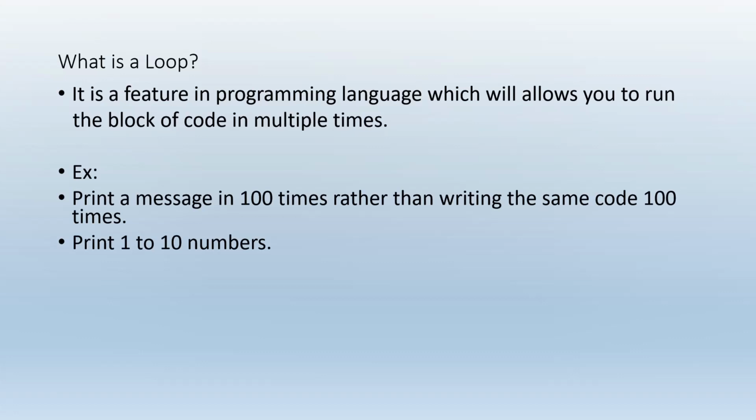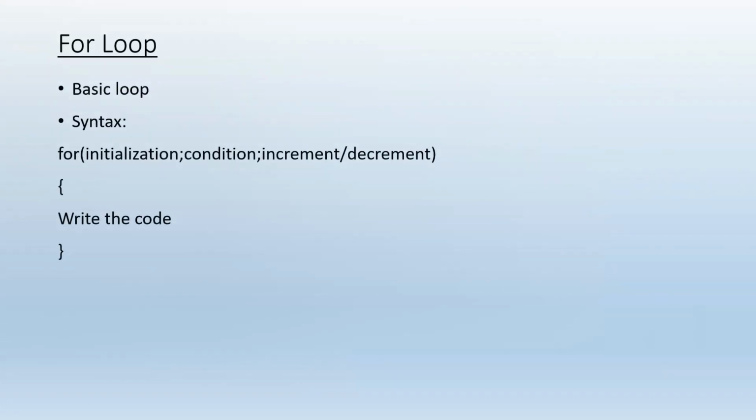Suppose I want to print 1 to 10 numbers. Instead of writing the print statement 10 times, I can use the for loop or the loop statements. Not only the for loop, we can use the other loop statements, but basically we most often use the for loop.